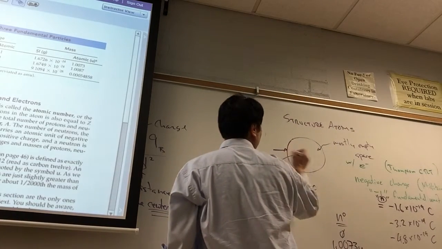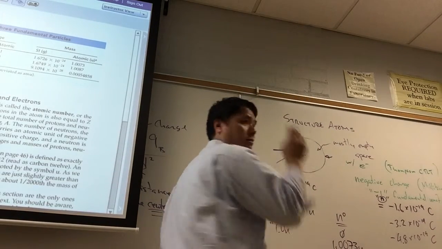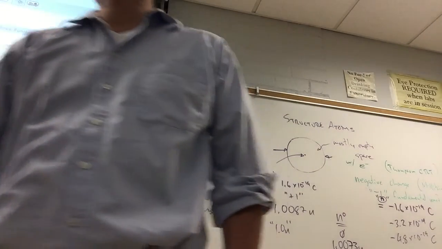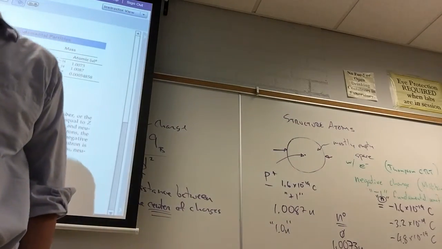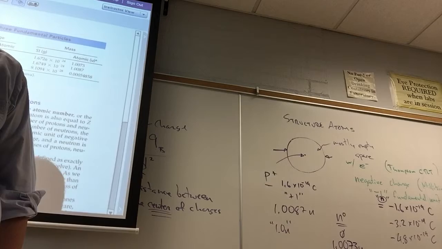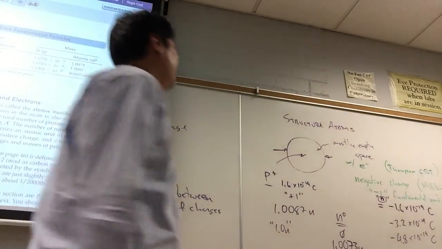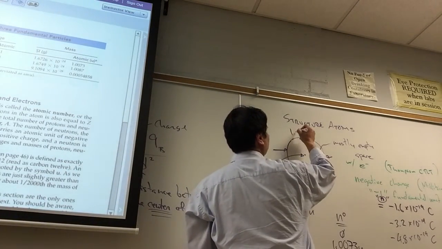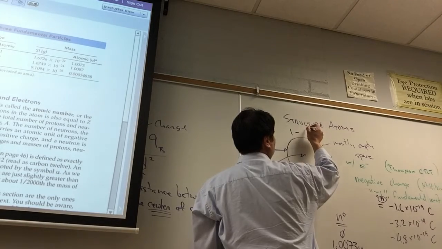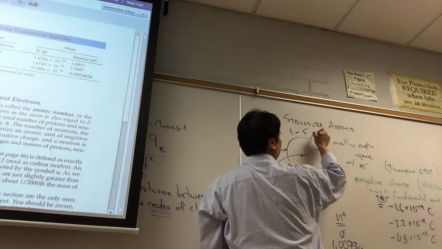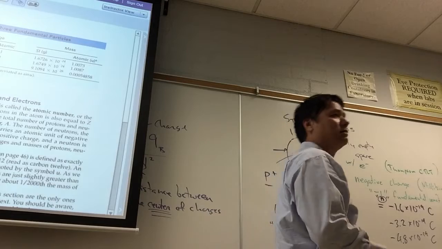About how big are atoms in size? Well, atoms are roughly 1 to 5 or 6 angstroms. You know what an angstrom is?